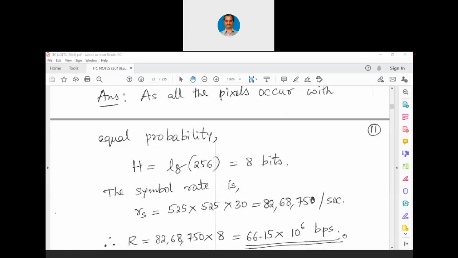We see a composite color which is emitted by all the 3 pixels. These 3 pixels will be emitting light with different brightness, and then we see a composite color as if there is no pixel there. Actually, there will be 3 pixels. So for the same 66 into 10 power 6, if it is a color television, you can multiply by 3. If I take it as approximately 60 Mbps, now if you multiply by 3, it is 180 Mbps.